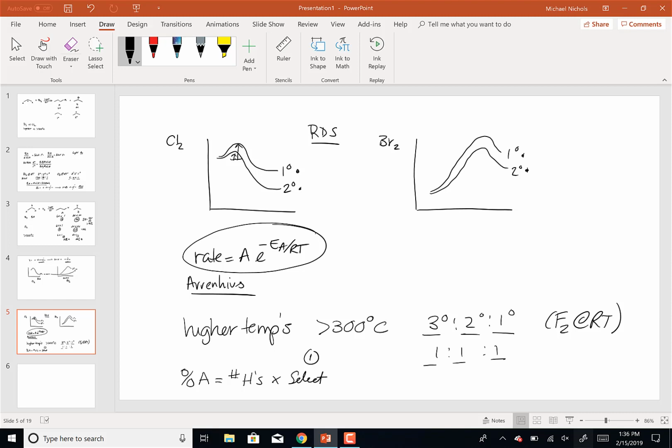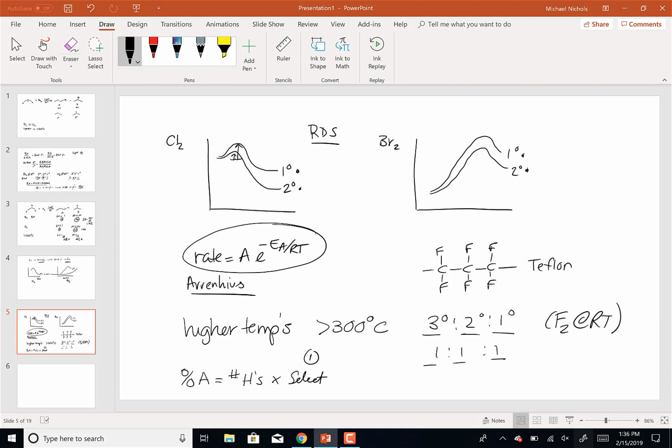Okay. The only thing that fluorine will not react with is if you take a hydrocarbon and you replace all the hydrogens with fluorines. And that is Teflon. So if you make a long-chained hydrocarbon like a polymer, replace all the hydrogens with fluorines, you get Teflon.